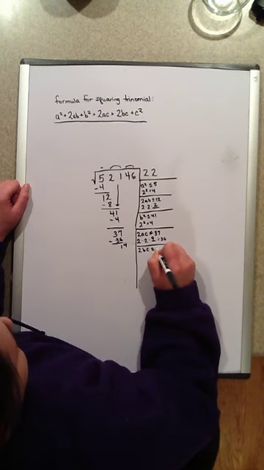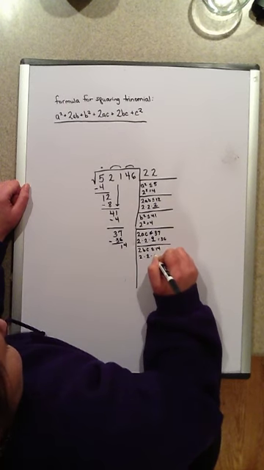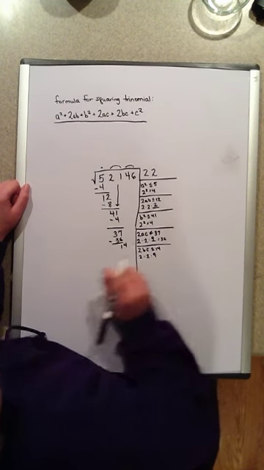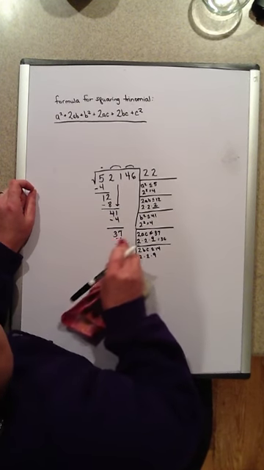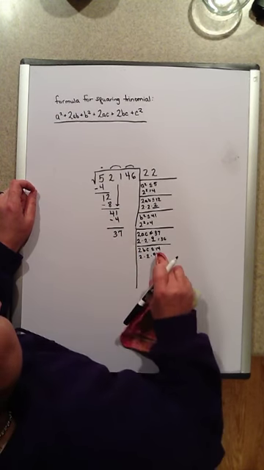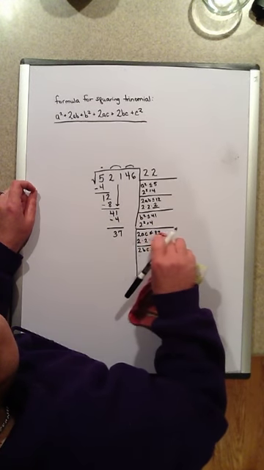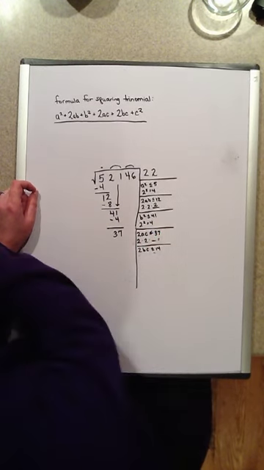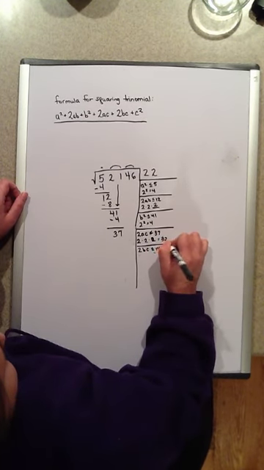2bc has to be less than or equal to 14. 2 times 2, and we said 9. That's not going to work. Too big. So let's go back to what we thought we had for C. Try 8. 8 times 4 is 32.